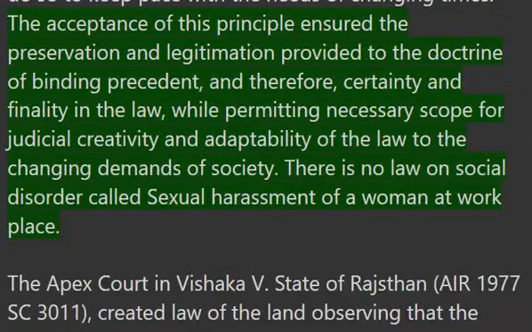The acceptance of this principle ensured the preservation and legitimation provided to the doctrine of binding precedent, and therefore, certainty and finality in the law, while permitting necessary scope for judicial creativity and adaptability of the law to the changing demands of society.